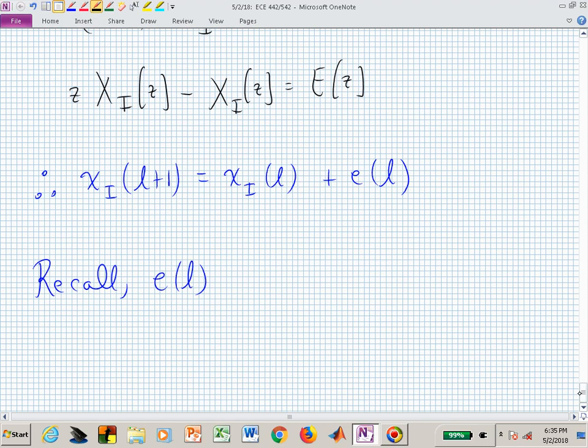In the time domain then, E of L is just Y of L minus R of L. But Y is not in terms of states yet, is it? But Y is H x of L, minus R of L. We can use this expression for E in the x sub I equation to obtain the additional dynamics that we need to augment our system.